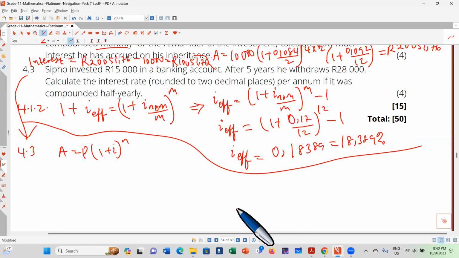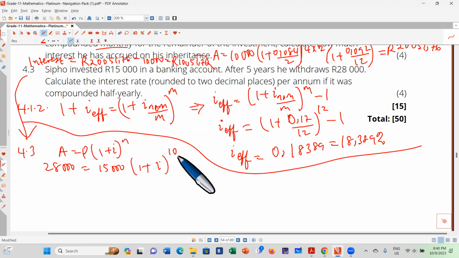So 28,000 is the amount he withdraws, but he invested 15,000 into 1 plus i, compounded half yearly. We can do it like this and use the effective rates.